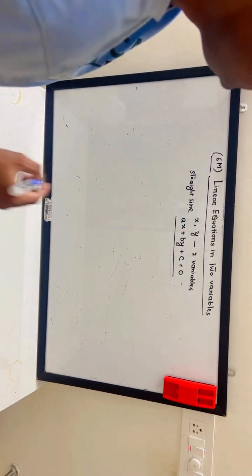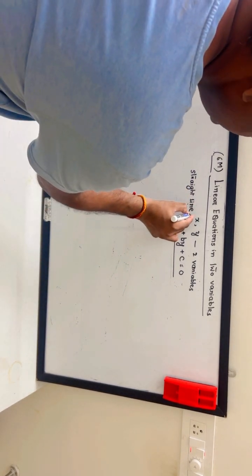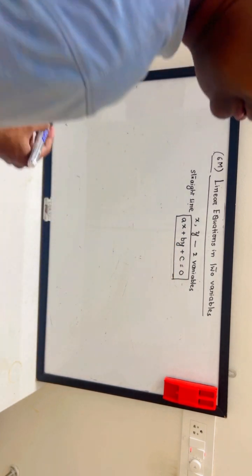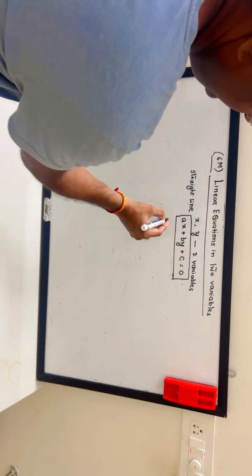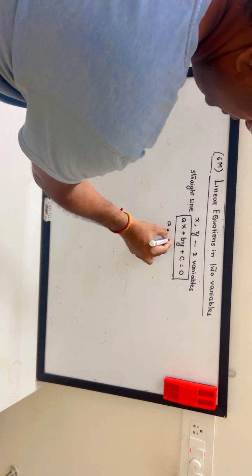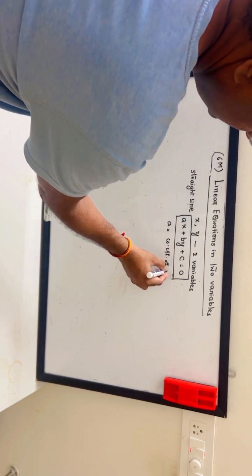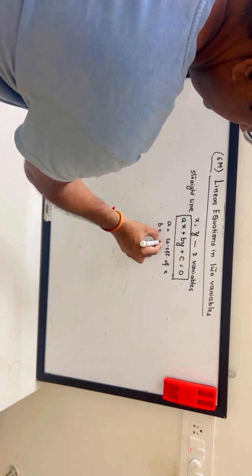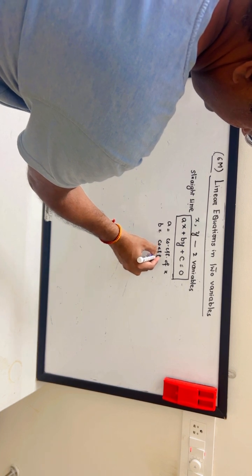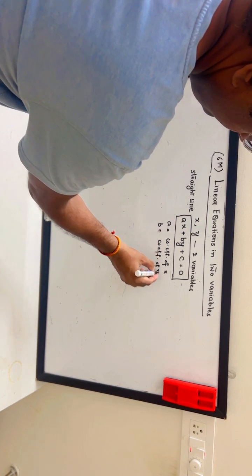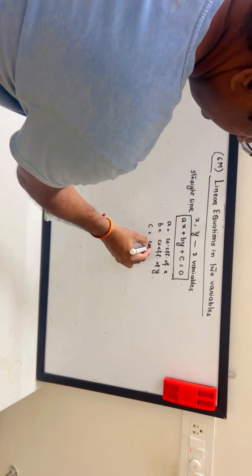So any linear equation in two variables can be written like this: ax plus by plus c, where a is the coefficient of x, b is the coefficient of y, and c is nothing but your constant.